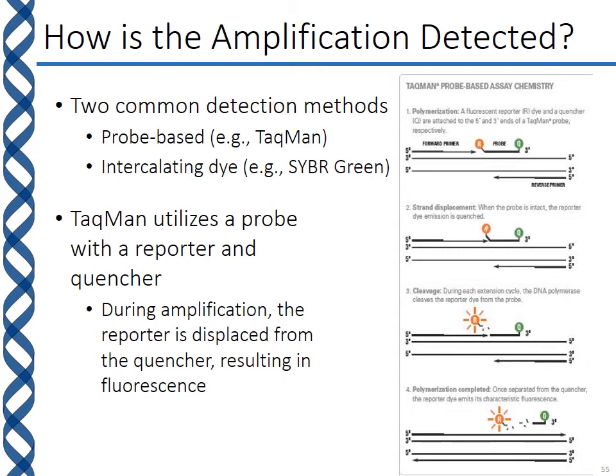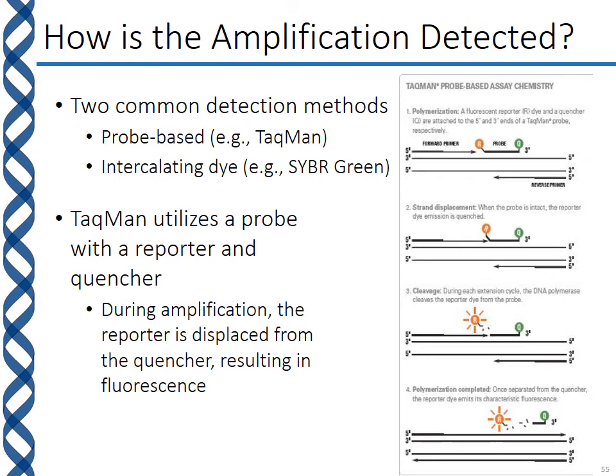And so what you end up with is not being able to detect any fluorescence when the quencher is in proximity to the reporter, and so when they're on the same molecule of the probe, there's no fluorescent signal detected.